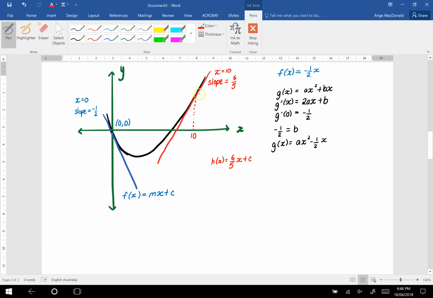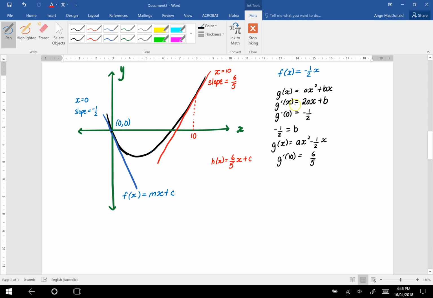And therefore, again, this is another tangent of the quadratic. So going back to our g function, we know that g dashed of 10 must equal 6/5. Hope you agree with that.